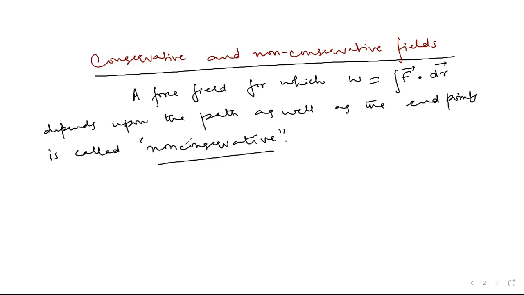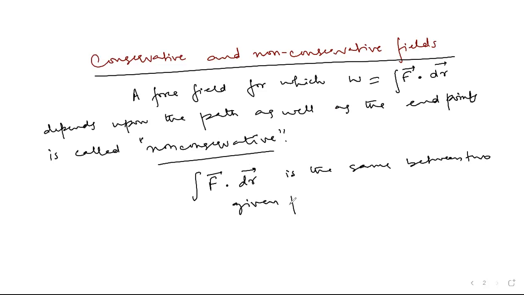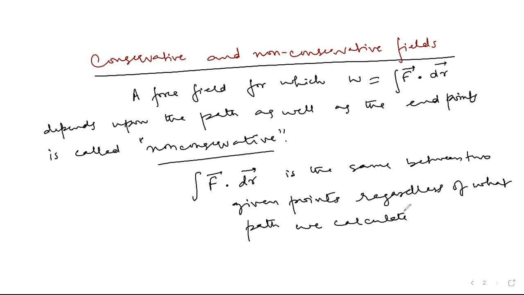There are, however, conservative fields for which the integral F dot dr is the same between two given points, regardless of what path we calculate it along.